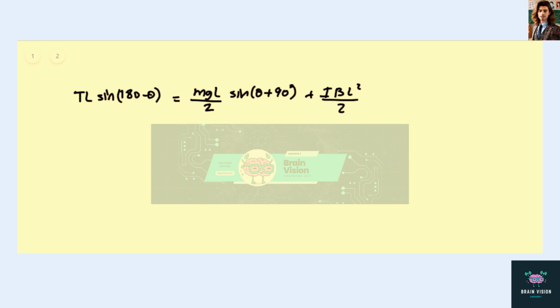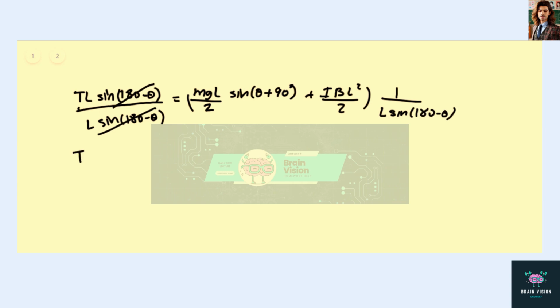Then in order to find T, we divide both sides by L sine of 180 minus theta, and we have the expression for the tension.